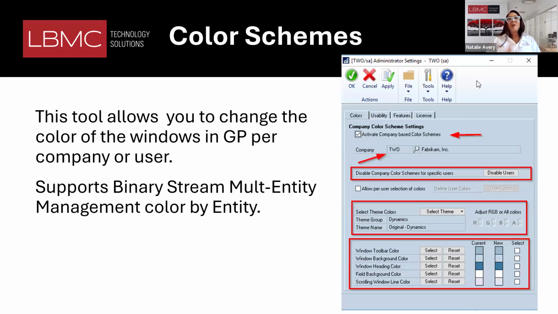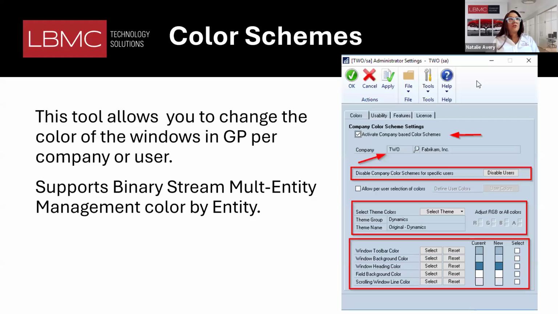So again, going back to the previous slide, if you have 20 companies or even 5 companies, if you've ever logged into your test company to try something, forgot you were in there and just started working away, this is a very helpful visual tool that lets you change each company's colors so that you can just glance at it and know which company you're in.